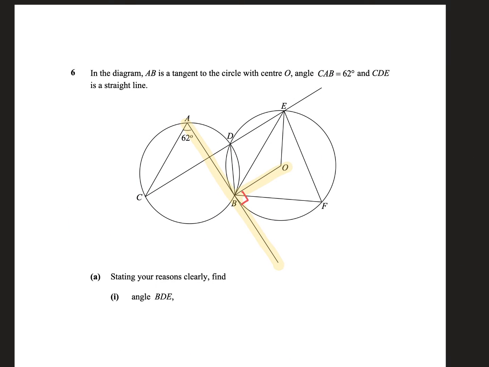And then it also says that angle CAB is 62 degrees and CDE is a straight line. That means it doesn't bend, right? It goes straight. That means this is 180 degrees.